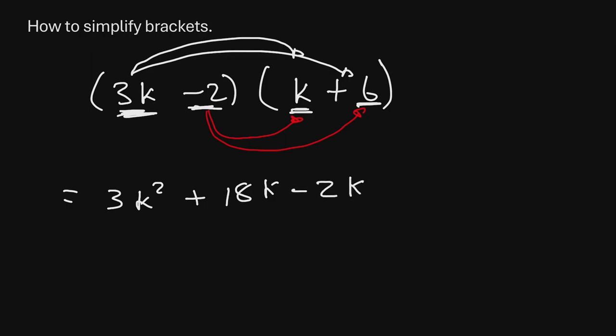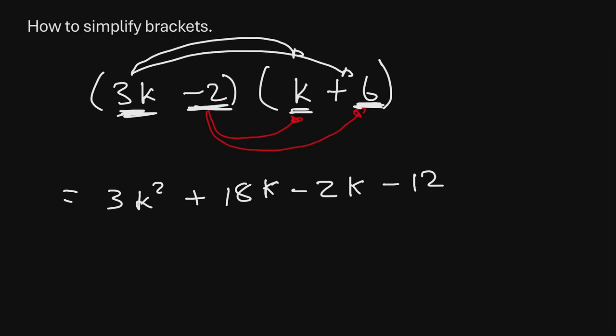And negative 2 multiplied by positive 6 gives us negative 12. You must be careful when you multiply different signs. If you put negative 2 and positive 6 in the calculator, it will automatically give you a negative answer, but you must be careful that you have a negative number multiplying with a positive number.